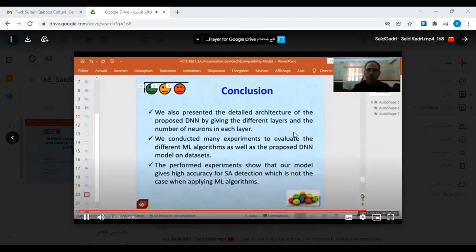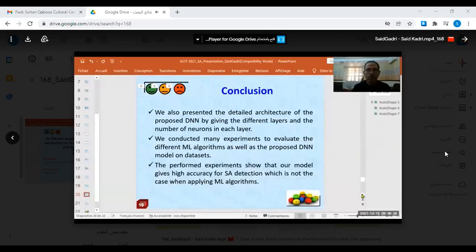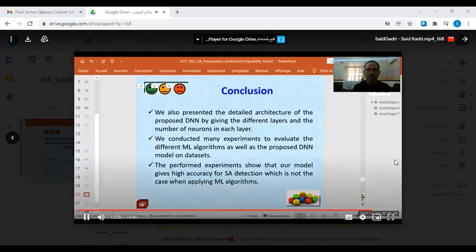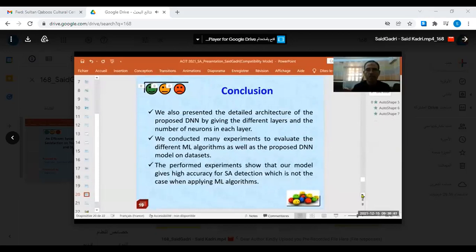We also presented the detailed architecture of the proposed DNN by giving the different layers and the number of neurons in each layer. We conducted many experiments to evaluate the different machine learning algorithms as well as the proposed DNN model on data sets. The performance experiments show that our model gives high accuracy for sentiment analysis detection, which is not the case when applying machine learning.